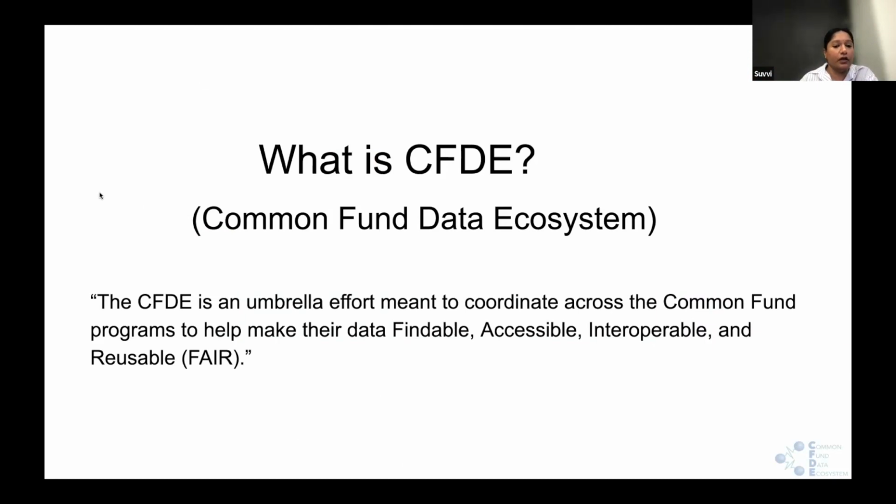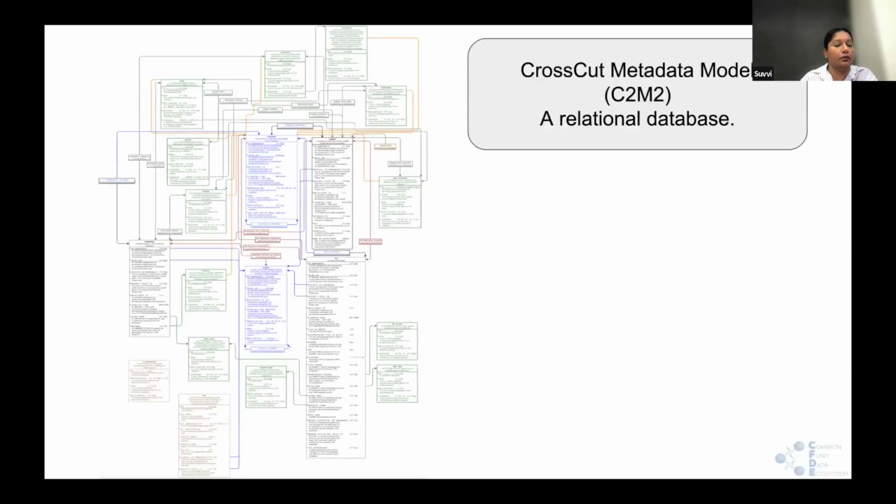So the Common Fund Data Ecosystem is an umbrella effort meant to coordinate across the Common Fund programs to help make their data findable, accessible, interoperable, and reusable. So I'm going to explain more about our program in the following slides.